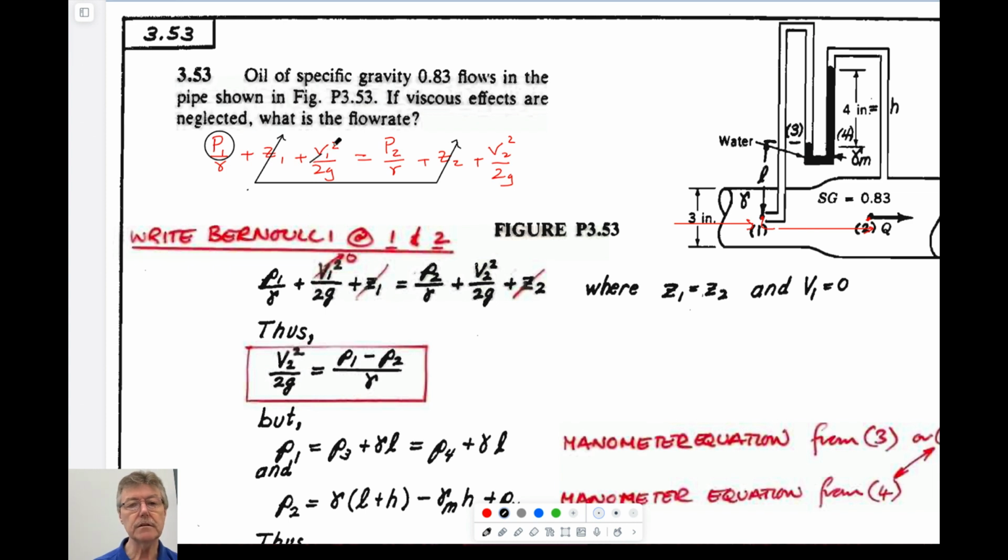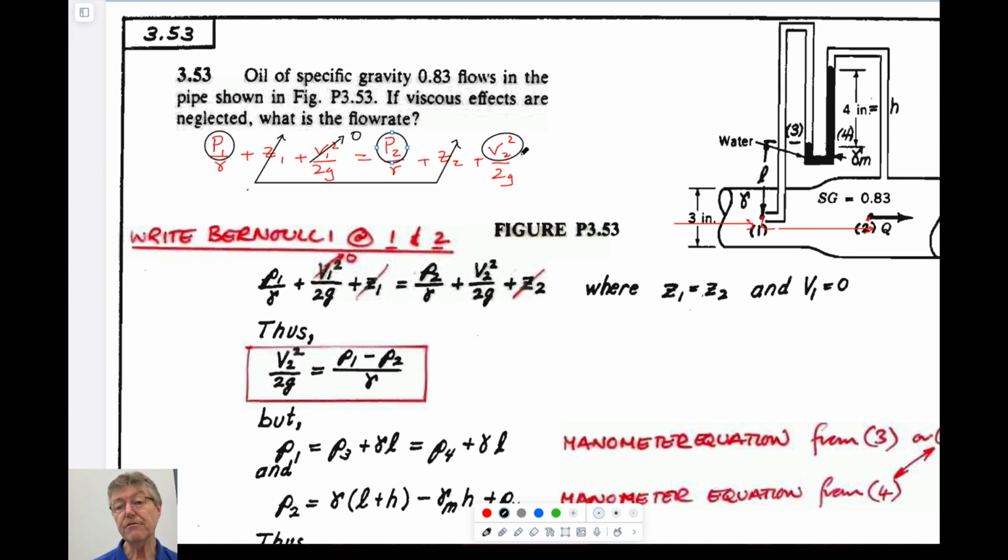V1 squared is equal to 0. V2 squared, we'd like to know. And P2, we'd like to know.